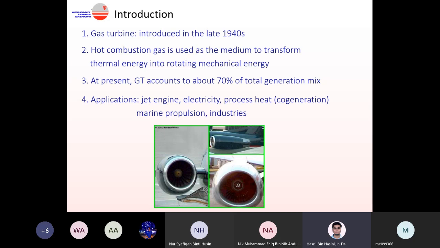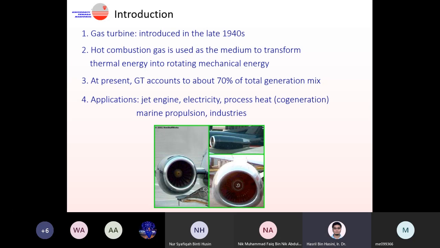At the end of the day, the energy is converted to electricity. So you have hot gas as the medium to transform the thermal energy from the heat into rotating mechanical energy in the turbine shaft, which is used to drive the compressor as well as the generator. This is where the conversion of energy takes place.